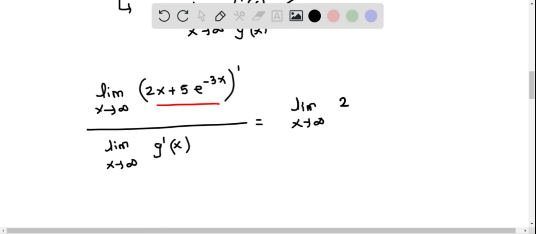The derivative of 2x is 2, and for the derivative of 5e power negative 3x we can use the chain rule. So I put the constant 5. The derivative of e raised to the power of negative 3x is e raised to the power of negative 3x, and then with the chain rule we find the derivative of negative 3x, which equals negative 3.